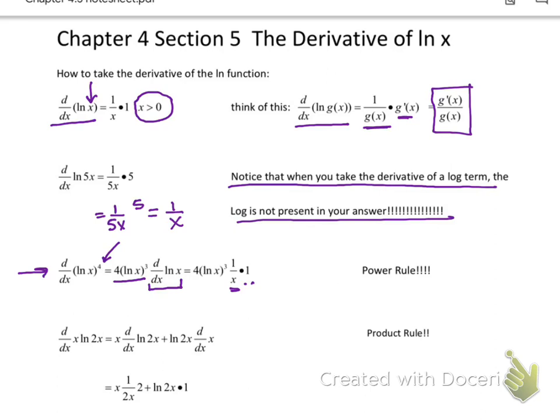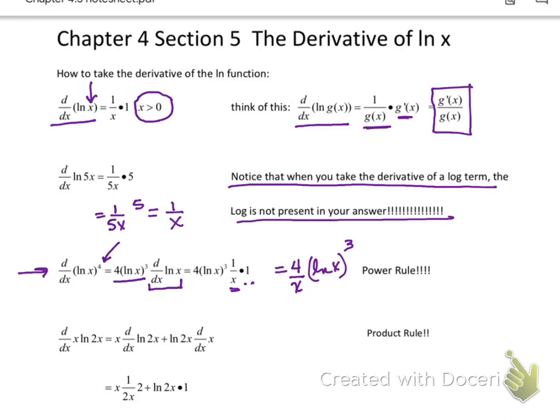So your final answer is that the derivative of natural log of x, quantity to the 4th power, is going to end up being 4. And then what I can do is put the x here, and then natural log of x, and that whole term is cubed. So you can bring that 1 over x in the front.